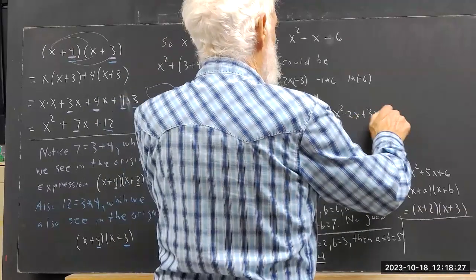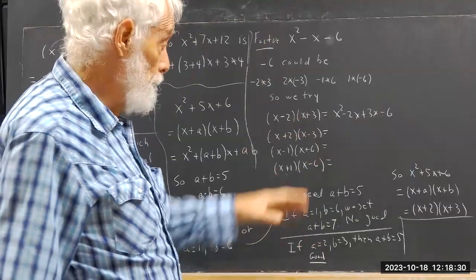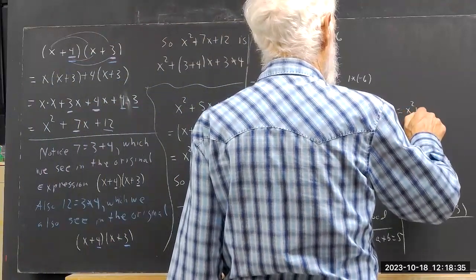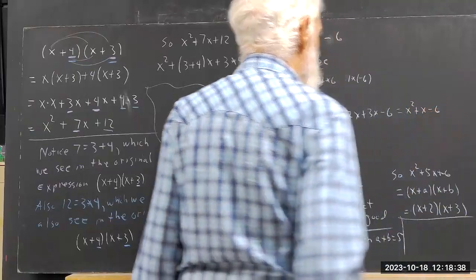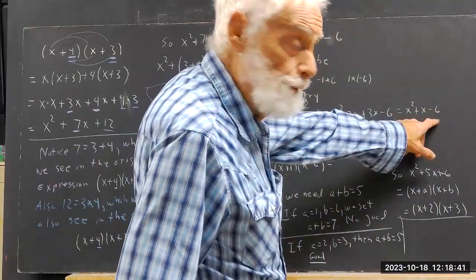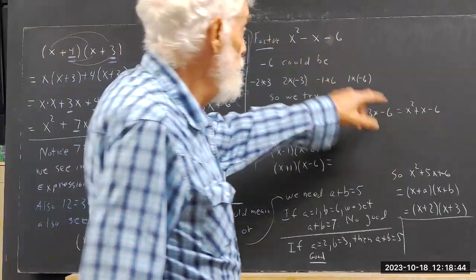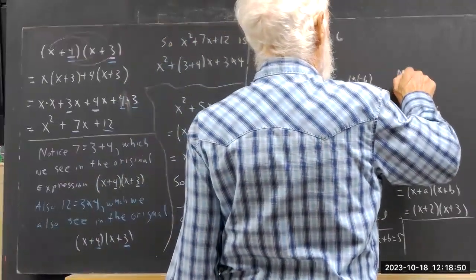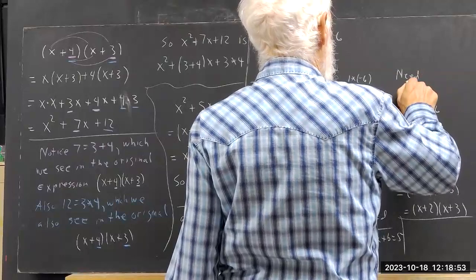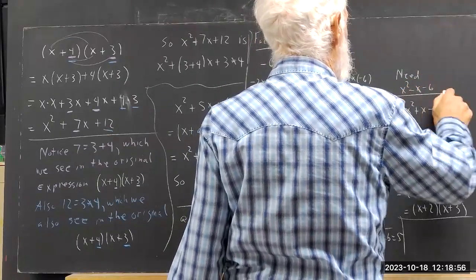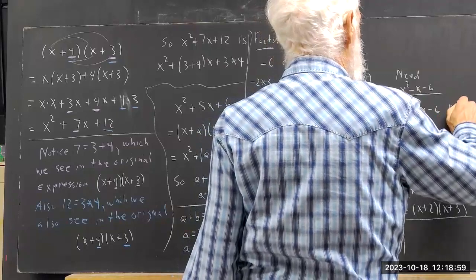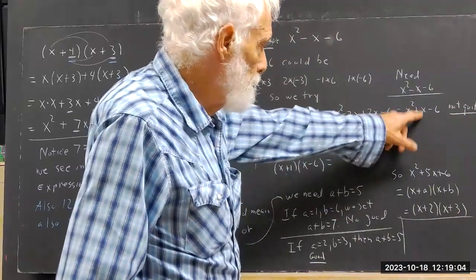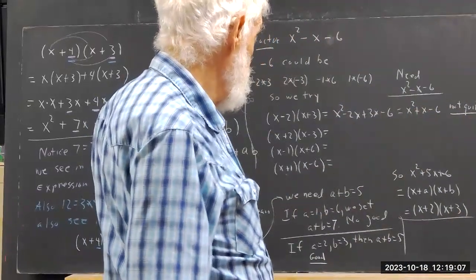We get minus 6. If we just multiply everything out carefully, this is what we get. And we get x squared plus x minus 6. That doesn't match up. We need x squared minus x minus 6.